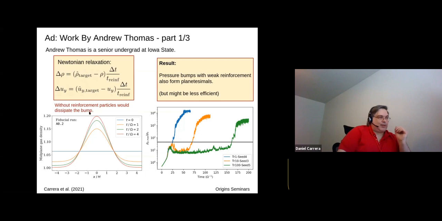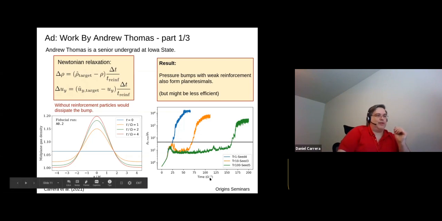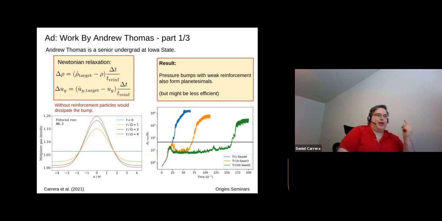Here you see the particle density as a function of time, again in units of inverse omega. This is the bump that has a reinforcement time of 1 inverse omega, 10, and 100. The fact that the planetesimals form later is not interesting. Of course they form later, because the bump forms later.